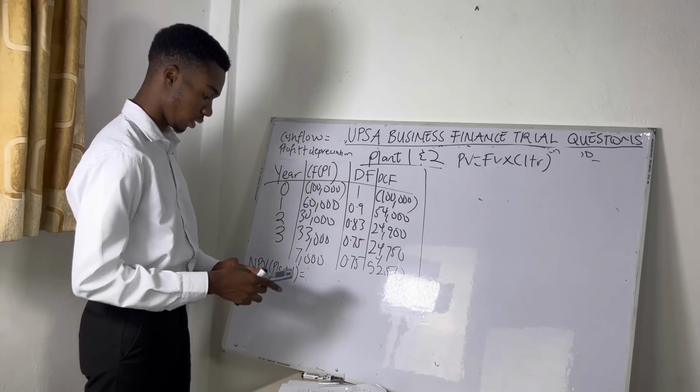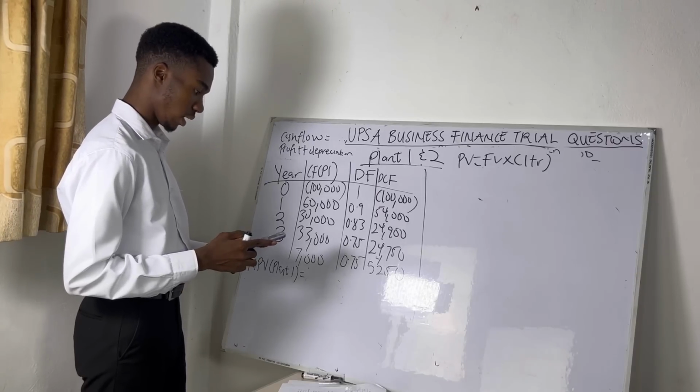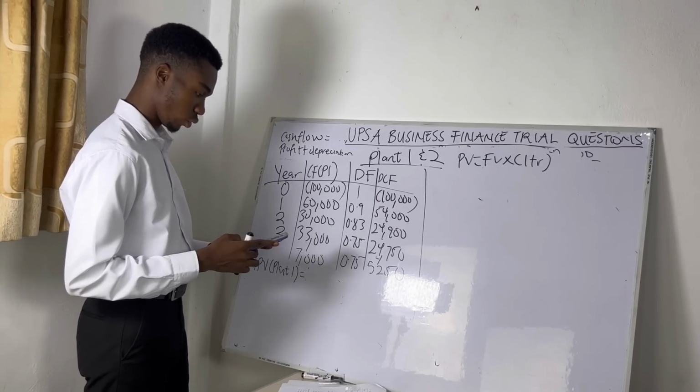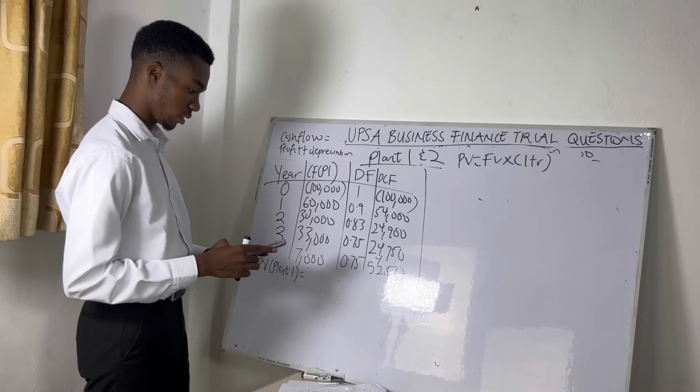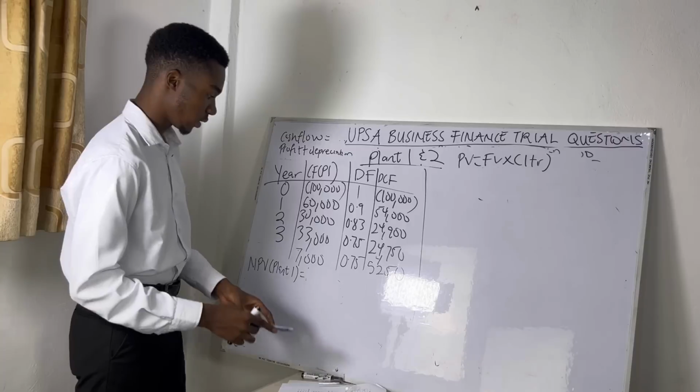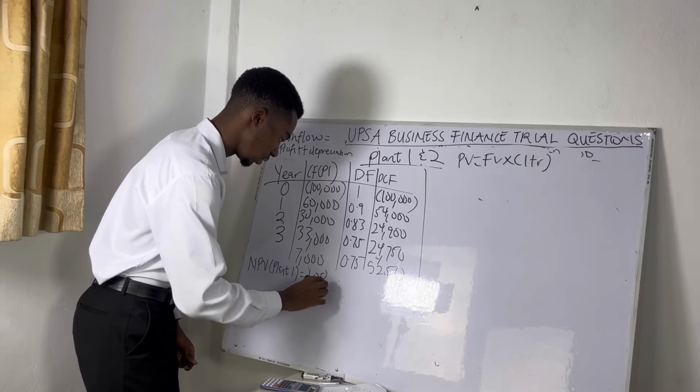Let's calculate it. We have 54,000 plus 24,900 plus 24,750 plus 5,250. I'm getting 108,900.